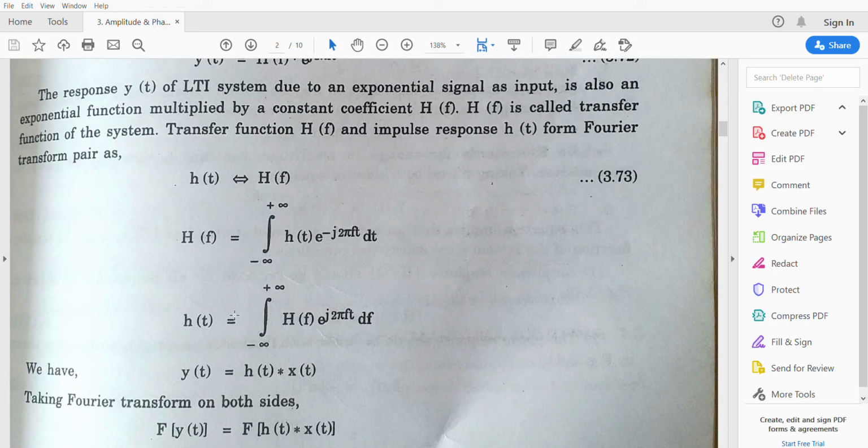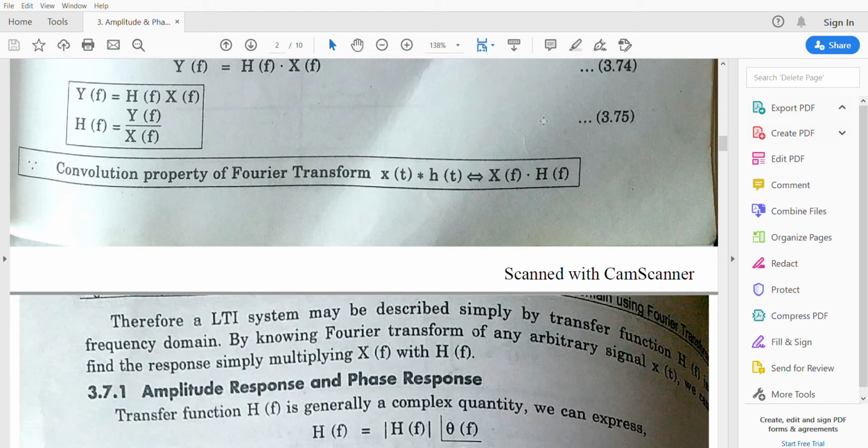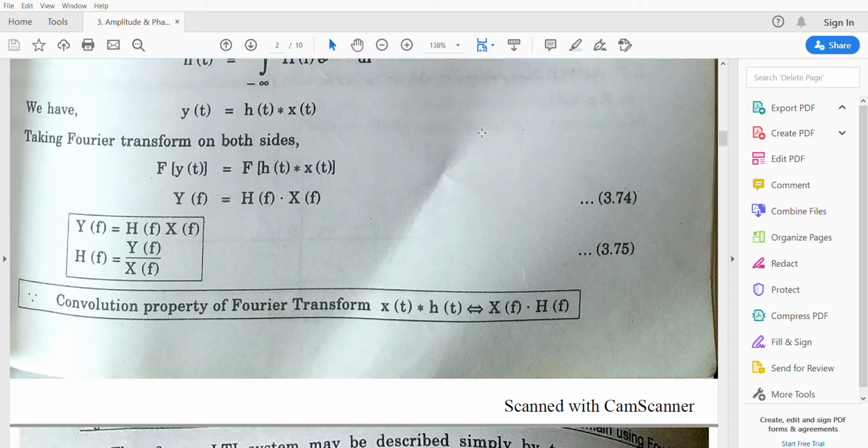Now what do we mean by transfer function? The transfer function H(f) is the system transfer function, which is equal to output upon input. That is, Y(f), the output response in the frequency domain, divided by X(f), the input in the frequency domain.